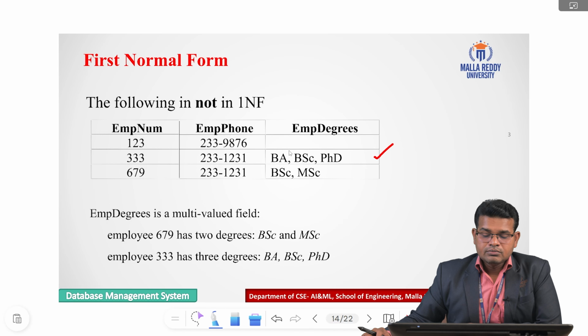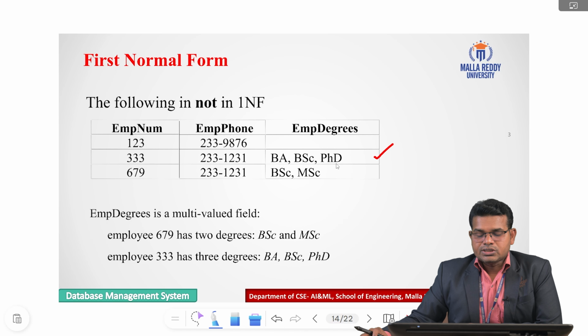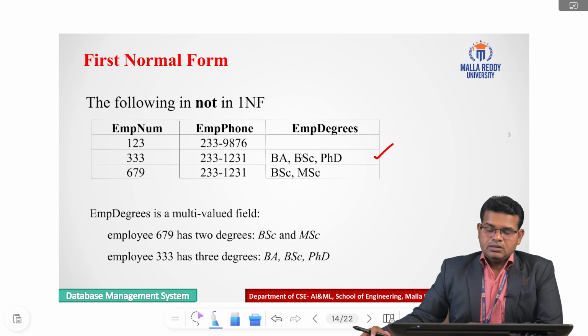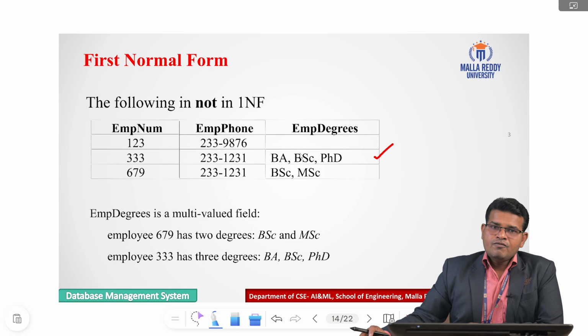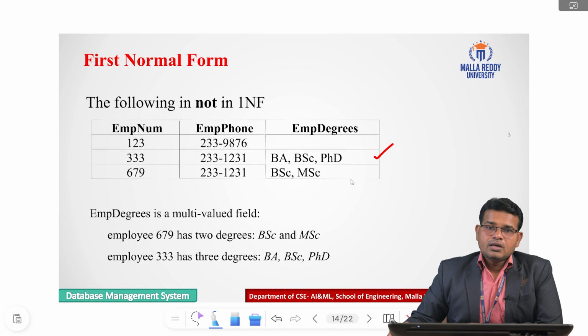Now, that means what? If we enter this kind of values, that is employee degree BA, BSc, PhD, it should not be allowed in the DBMS. That means every relation that we enter in any database management system is by default in first normal form.